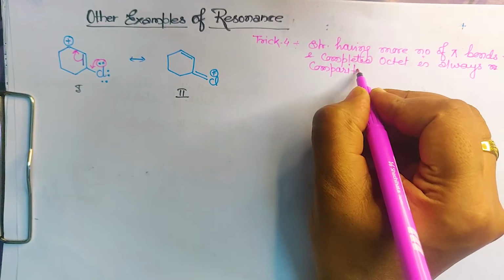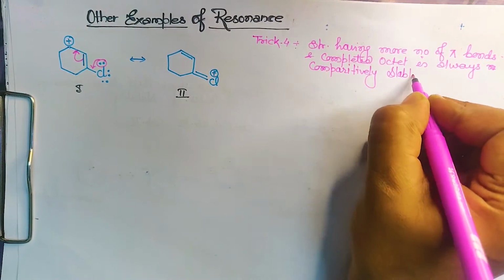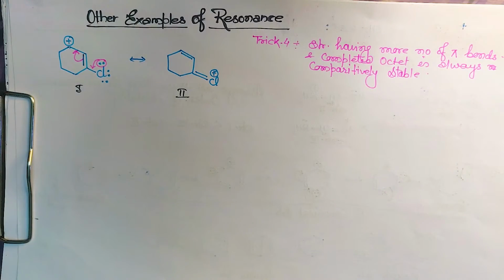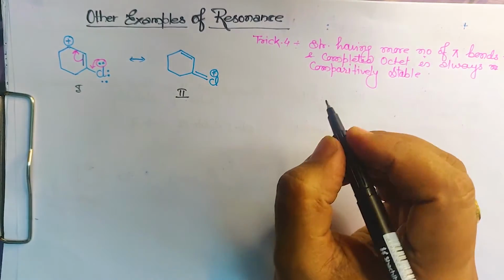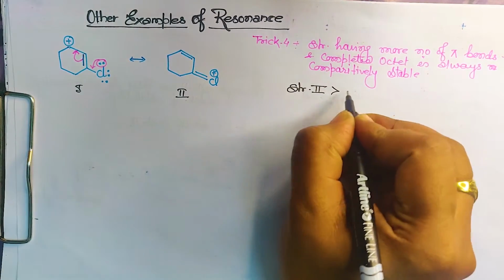So now you can easily say which one is more stable. Yes, of course, structure 2 is more stable. So that's why we can say that structure 2 is more stable than structure 1.